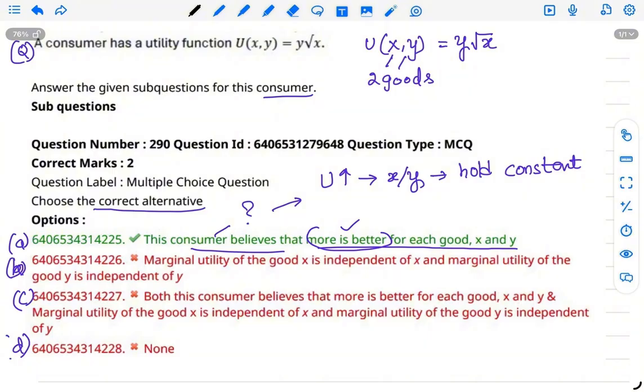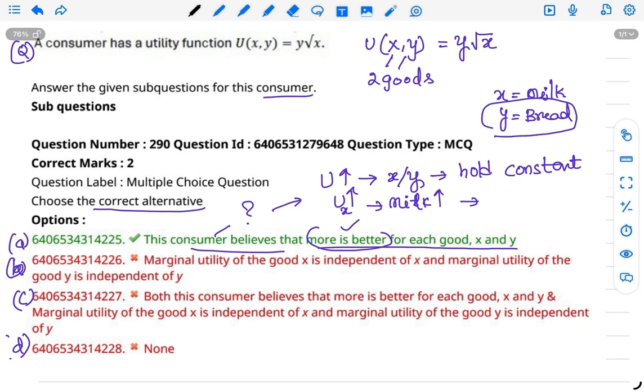For example, x equals milk and y equals bread. If the utility of the good x increases, that is, MUx increases when the milk is increasing, the utility of the milk is also increasing, while y, the bread, is held constant.